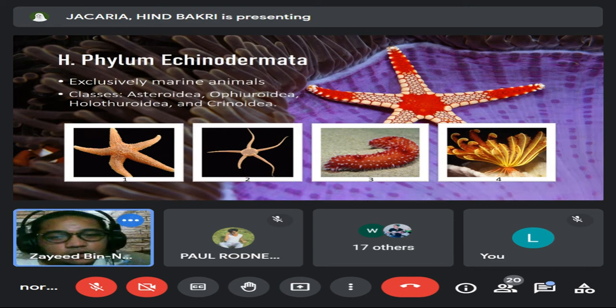Coelomate is any animal possessing a fluid-filled cavity within which the digestive system is suspended. Here are the four classes of phylum Echinodermata: Asteroidea, Ophiuroidea, Holothuroidea, and Crinoidea. Next slide, please.